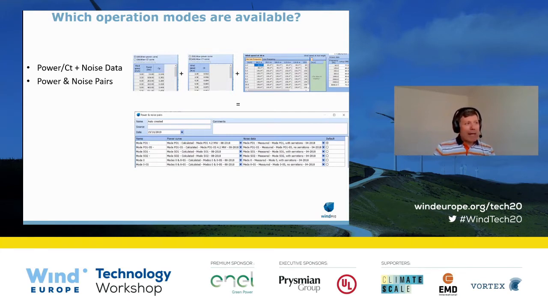So by coupling and linking these data sets to each other, you make sure that your selection for energy and noise impact calculations will be safe, because those data will be automatically coupled.